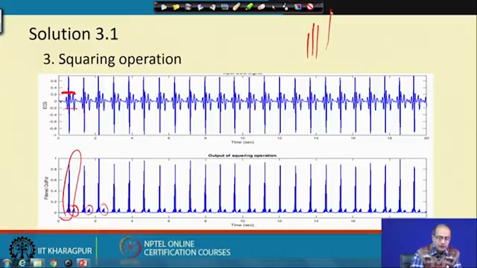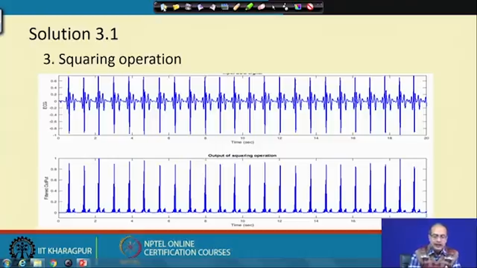Okay. So, multiple peaks will make it difficult to detect. Instead of one, we will get multiple values above the threshold. So, then it would be a challenge to find out the location of the R wave, because we know here only one R peak is there.